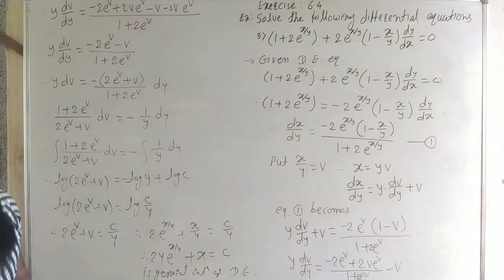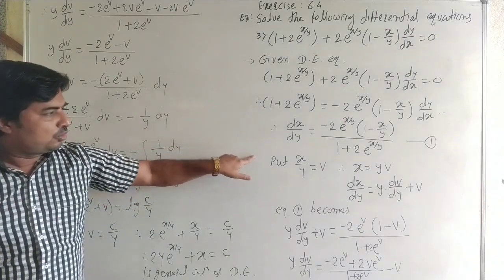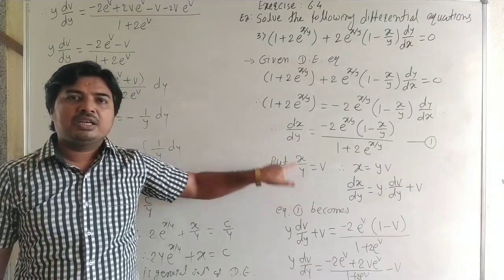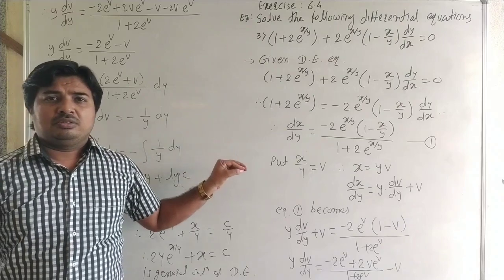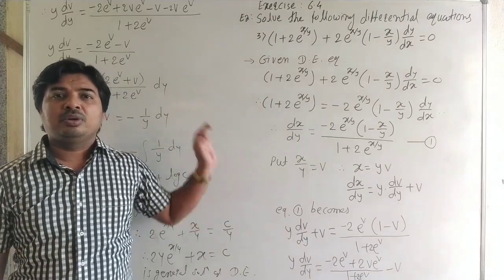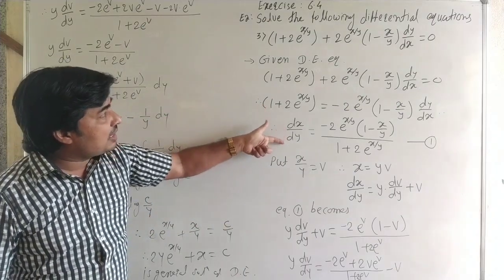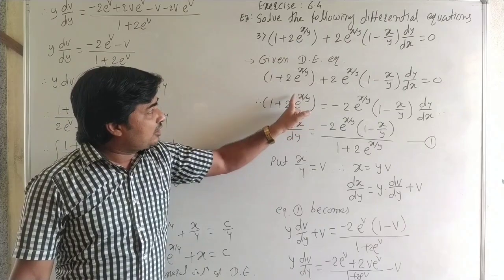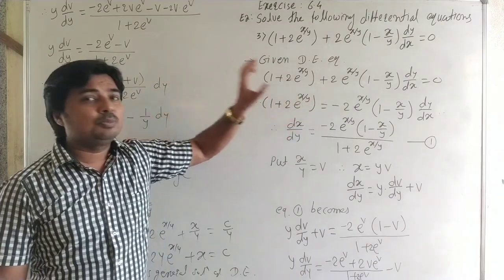Okay. See carefully this. Here this differential equation we can write in the form of dx by dy. So we put x by y is equal to phi. Generally all homogeneous differential equations we can write in the form of dy by dx. But here we write dx by dy because here it is e raised to x by y, it is a form in the composite form.